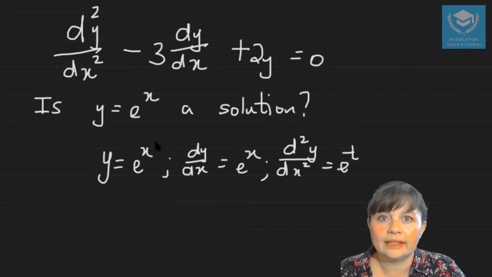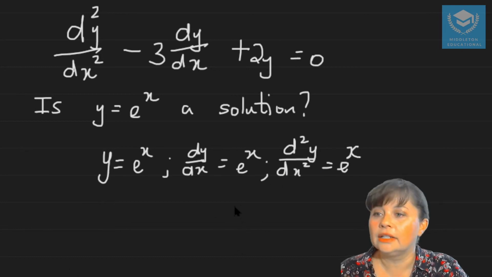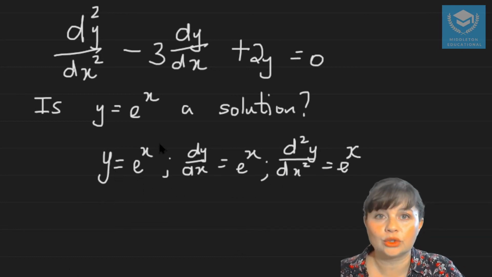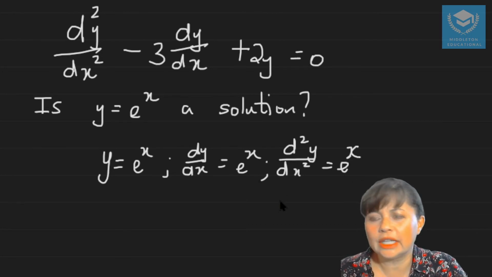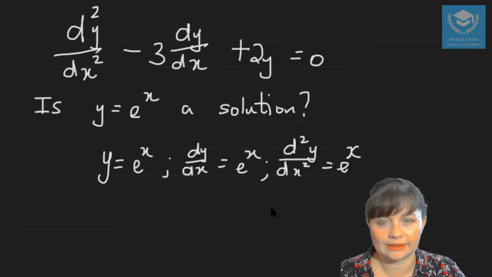So if we take the function y equals e to the x, our first derivative is going to be e to the x, as well as our second derivative, because we know that's how e to the x works.